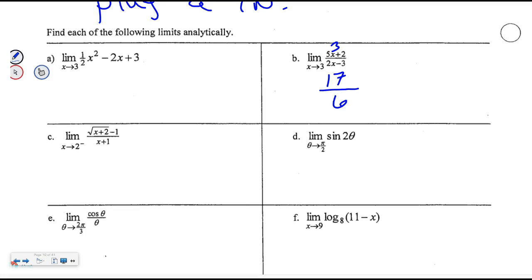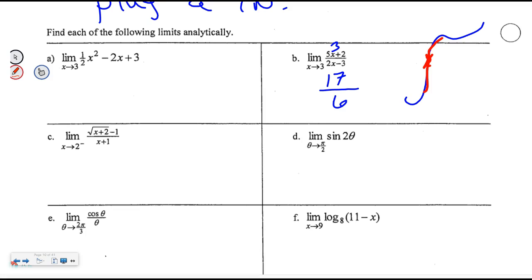Both for this problem, but if I just put a plus in, it's the same answer. Because if a function is continuous and defined and has no issues, then at that spot, the left and the right will always be the same place. Agreed? So it doesn't matter whether I do a right, a left, or from both. I will arrive at 17/6, so at close to 3 on my y-axis.